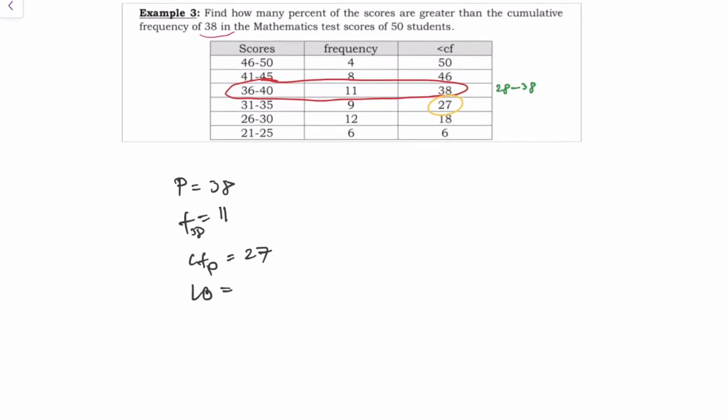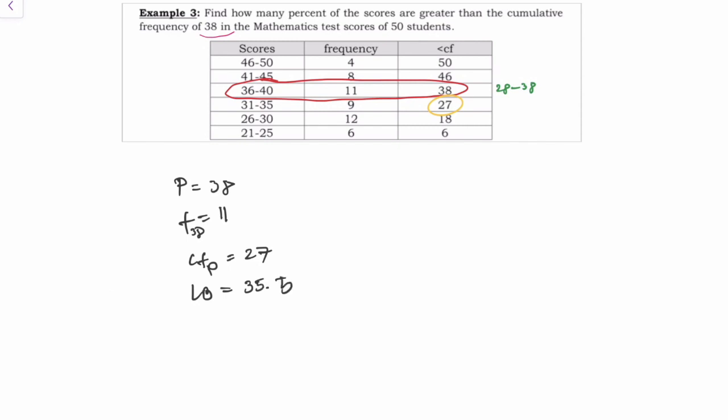So how do we compute for the lower boundary again? We will just have to look at the score interval and its lower limit here, 36 to 40, and we will just subtract 0.5 from 36. 36 minus 0.5 is 35.5.